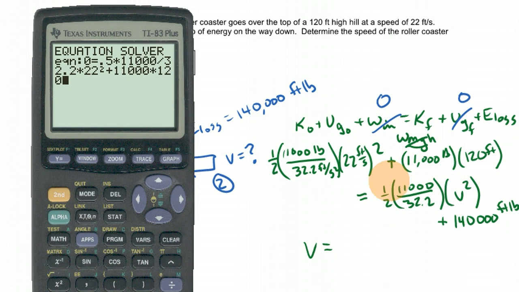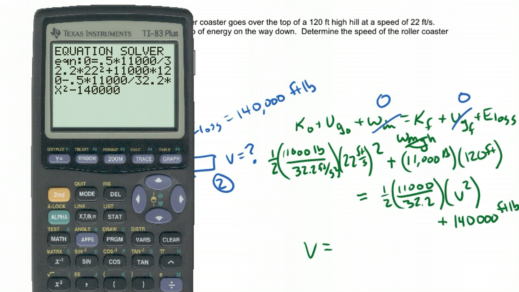This all goes to the other side for my solver, so it's minus 0.5 times 11,000 divided by 32.2 times, I'll use x as my unknown, squared, and then this went to the other side, so it became minus 140,000.